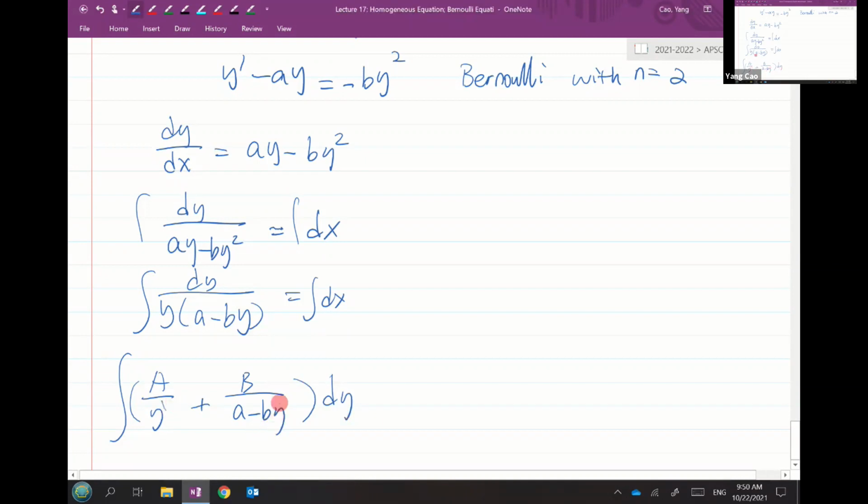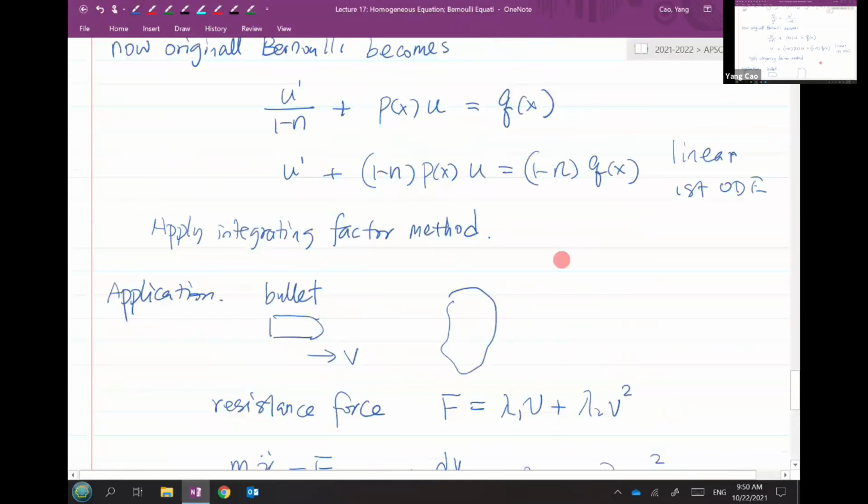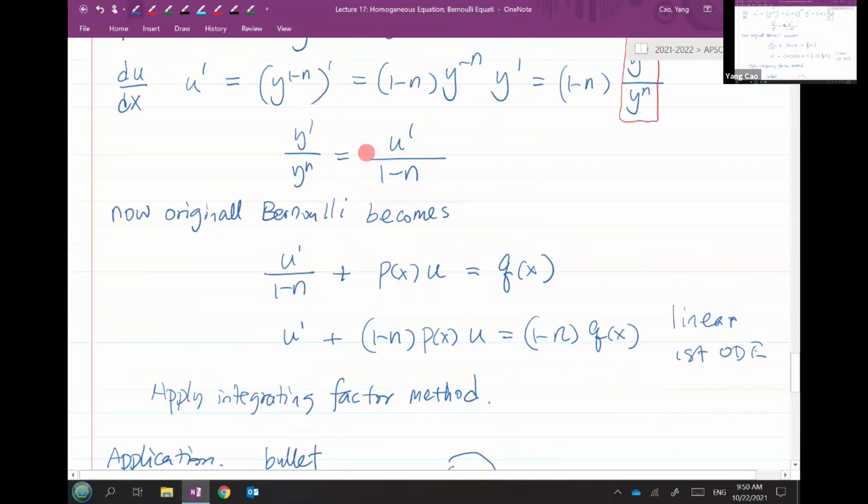So when you have a fraction here, you can break it down into an addition of two terms, and you can find the A and B using some formulas. A and B are constants based on the actual small a and b. Then the integration of each term will be much simpler, becoming a log term. So that is an alternative approach, and you don't really have to apply what we have shown in terms of Bernoulli. But in the next lecture, I'm going to use the Bernoulli approach to solve that equation.